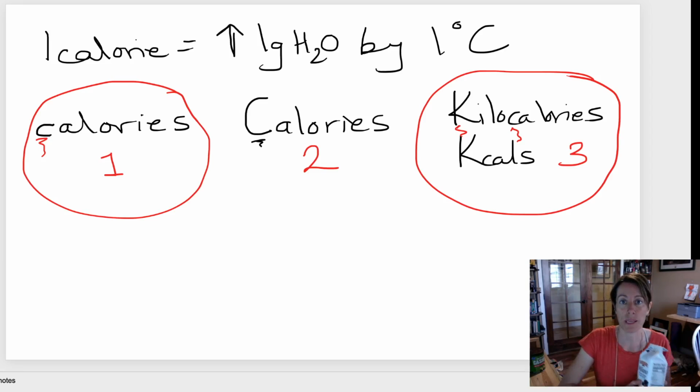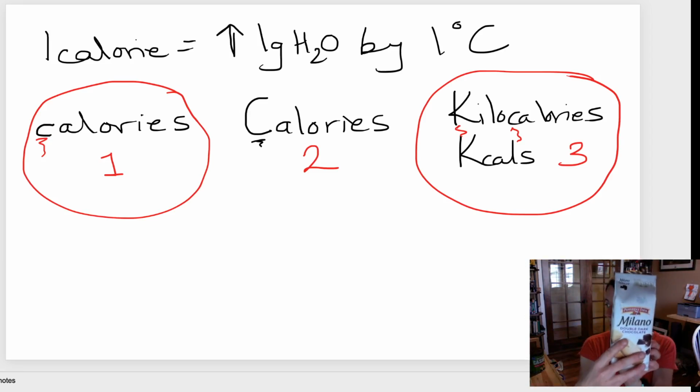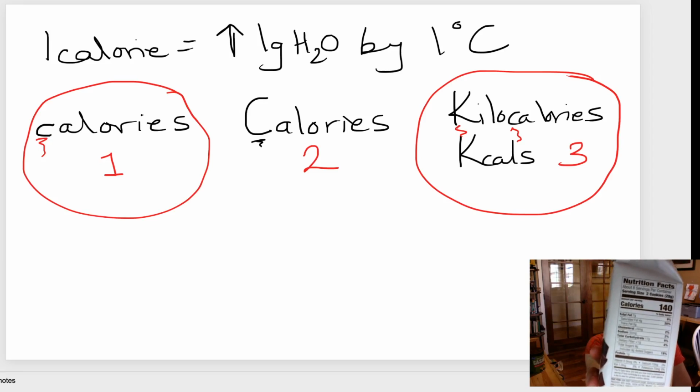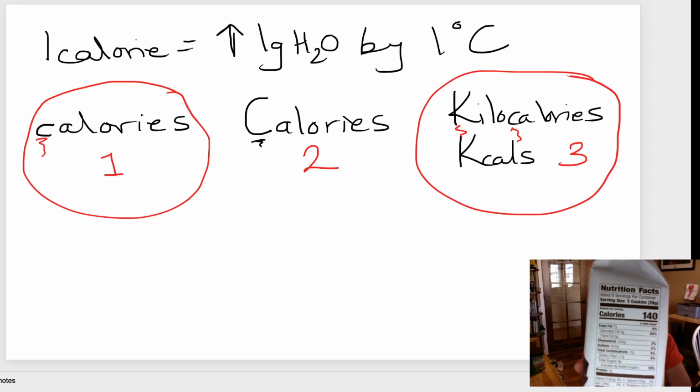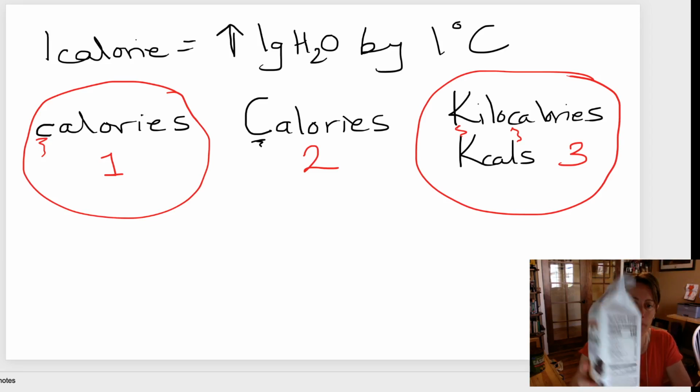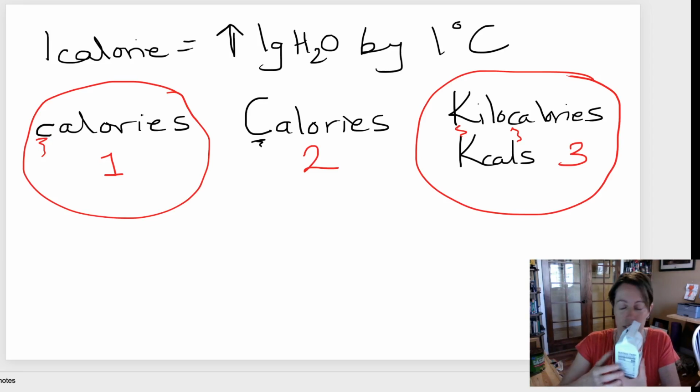However, if you buy something in America, here are some delicious cookies. These cookies have 140 calories, uppercase C Calories, per serving. So what is this big C Calorie? Well, the big C Calorie is actually exactly the same as a kilocalorie.